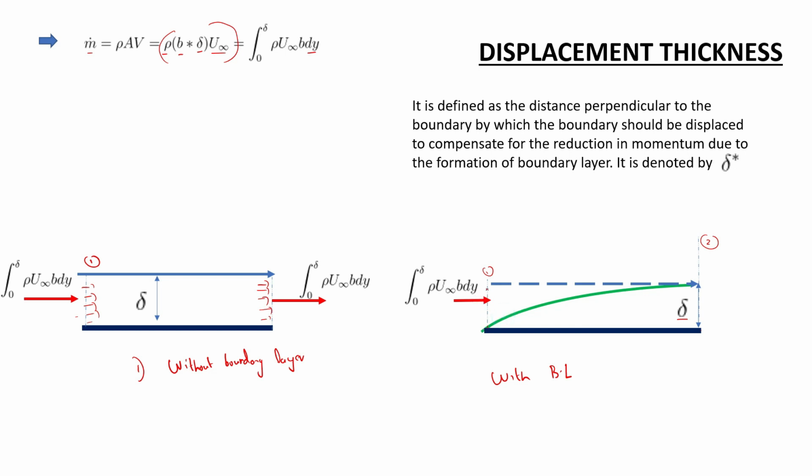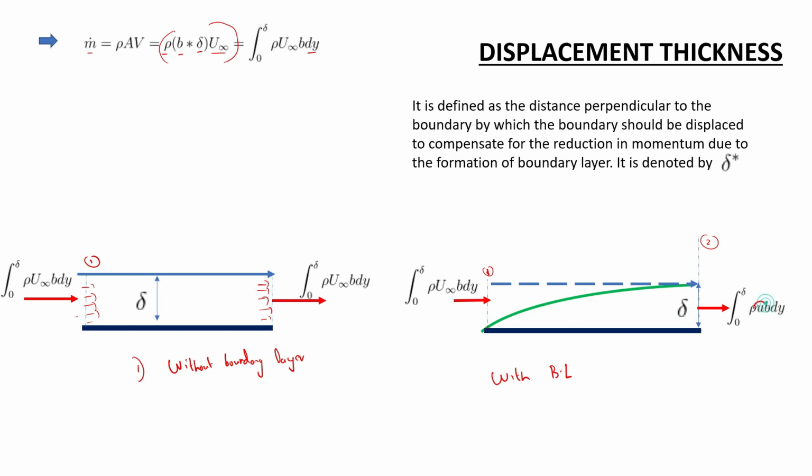Now what is the mass of fluid entering here at section 1? Previously we have seen that this is equal to rho into u infinity into b dy, integral 0 to delta. So this is the mass entering here, and this is the mass leaving here.